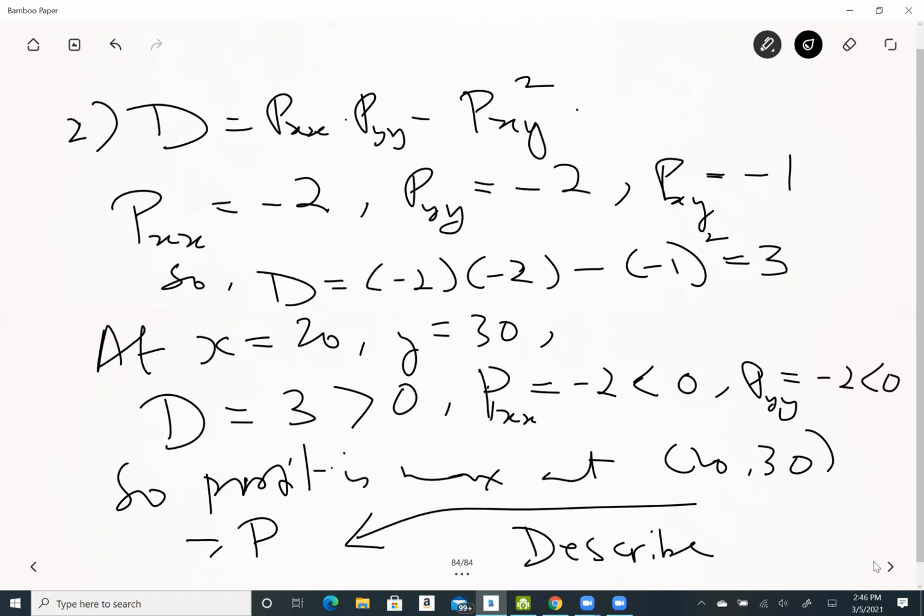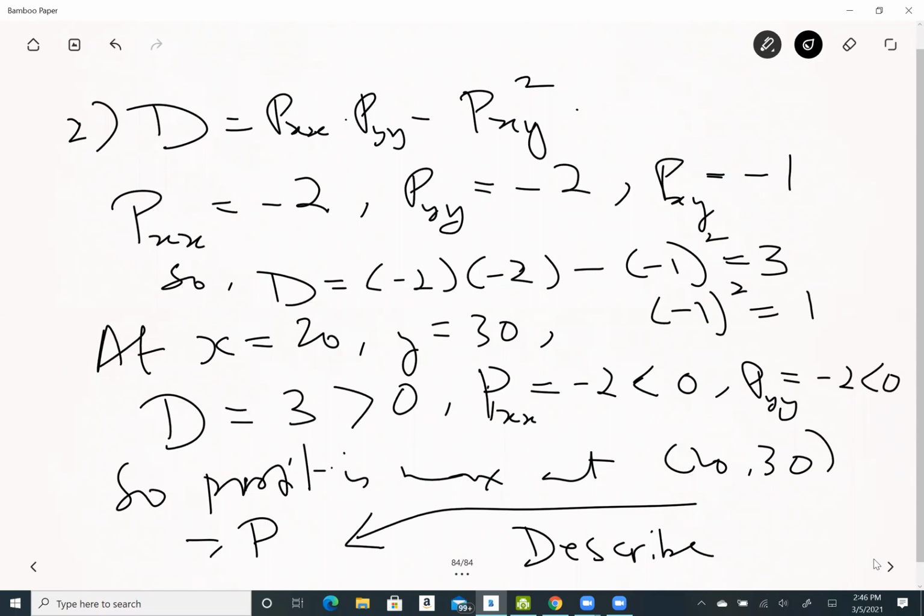Isn't D supposed to be 5? D equal to 5, let me see. How come you got 5? I got -2 times -2, that is 4. And then plus 1, and then minus -1 squared. Oh, the squared, this is your mistake. Sorry, -1 squared is equal to 1.